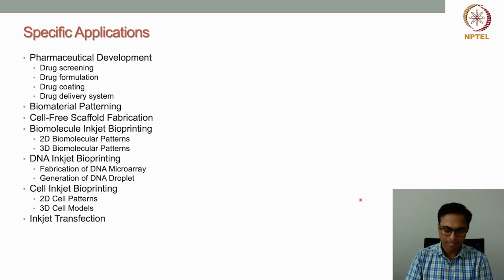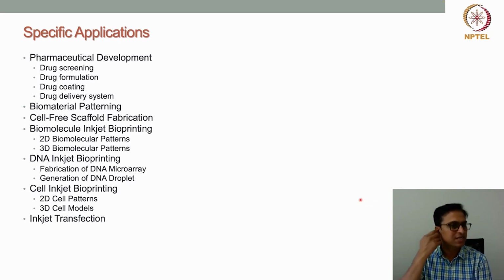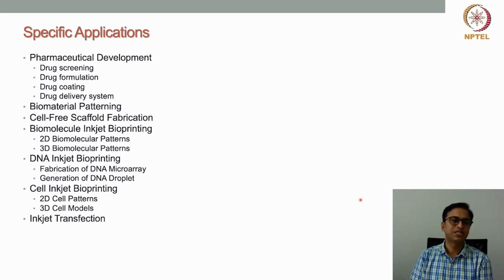The other thing is, suppose our interest is to coat certain drugs with some material, so that the drug's dissolution can be prevented at certain areas. For this kind of application, drug coating can be used, and the drug can be coated at a relatively lower scale, so that a kind of nano coating can be done, right? Similarly, for drug delivery system development, this inkjet 3D printing is also very well used.